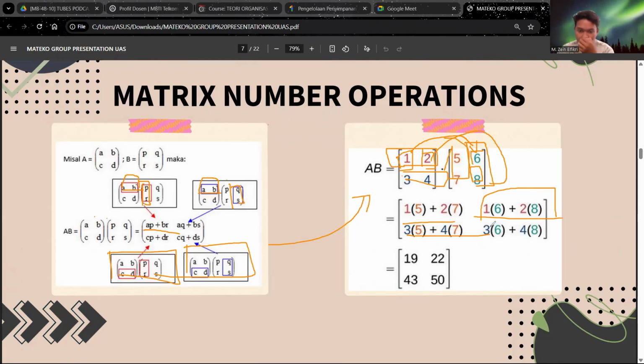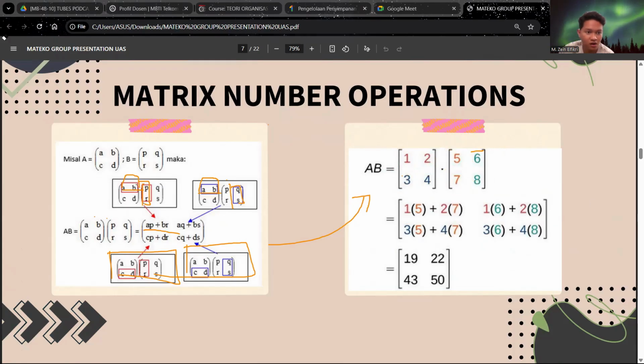And also 3 times 6 plus 4 times 8 is row 3, 4 times this column, sorry. Okay, then we have the result from this calculation.